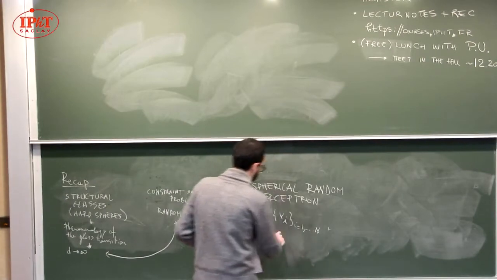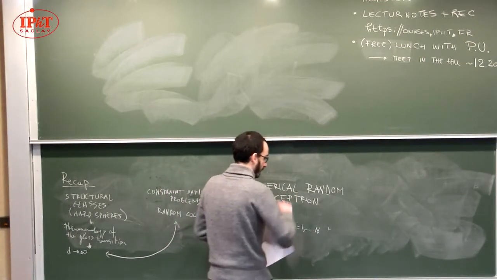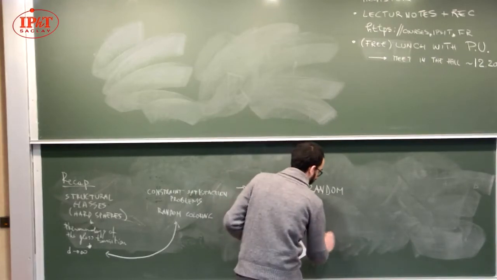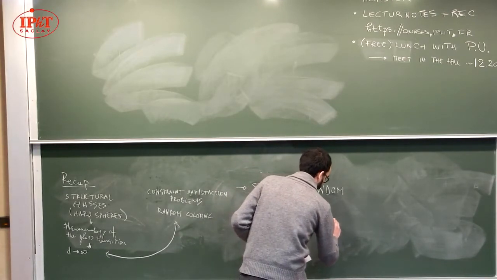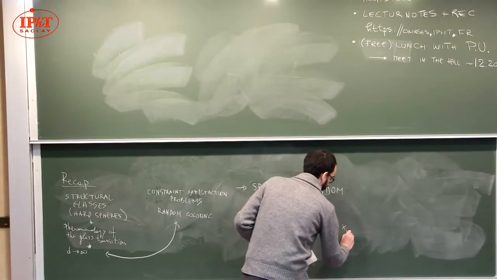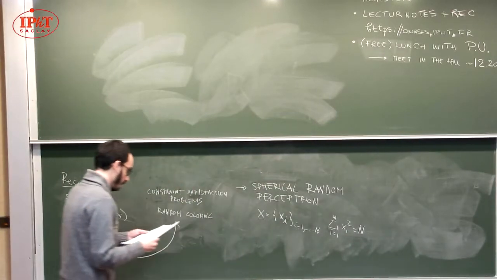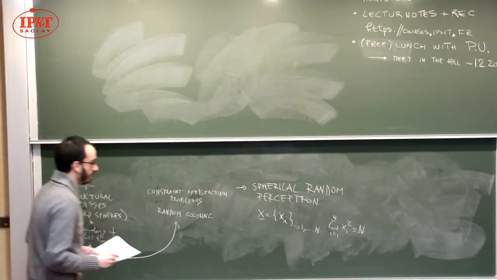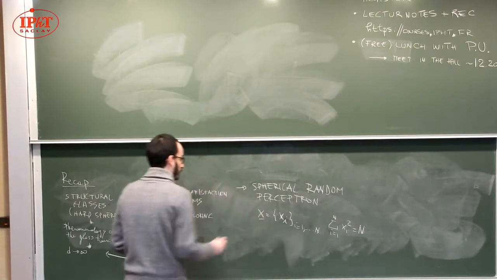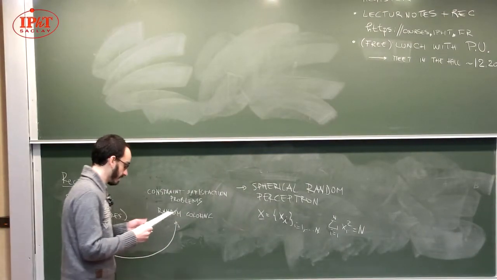These variables live on an n-dimensional sphere, in the sense that they satisfy the spherical constraint: the sum from 1 to n of x_i squared is equal to n. So these are the variables that we want to find in the constraint satisfaction setting.